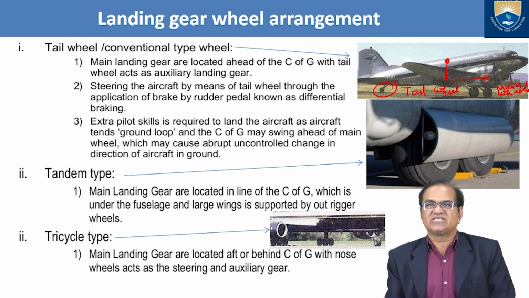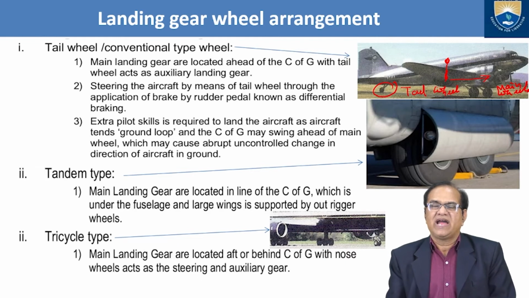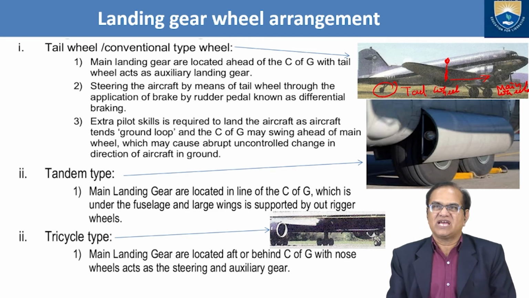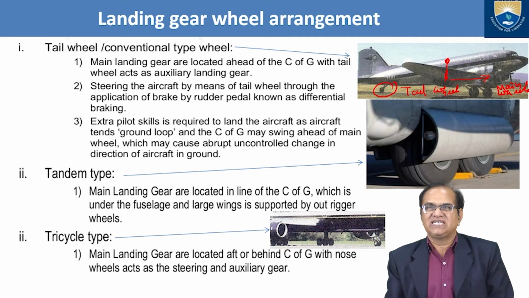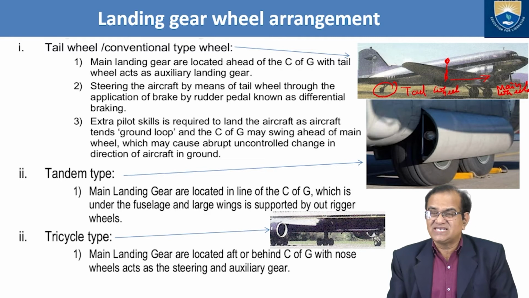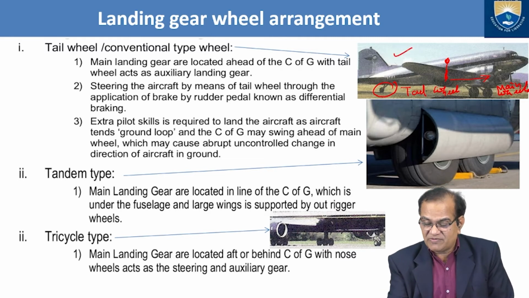Extra pilot skill is required to land the aircraft, as the aircraft tends to ground loop and the CG may swing ahead of the main wheel, which may cause an abrupt uncontrolled change in direction of the aircraft on the ground. So these are some of the advantages and disadvantages. Extra skill is required to fly this type of aircraft.